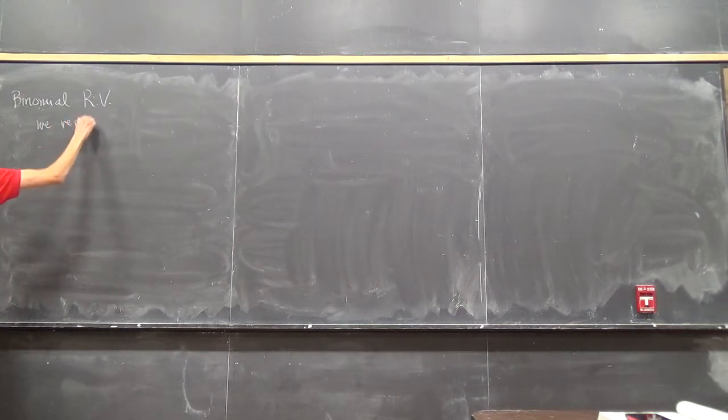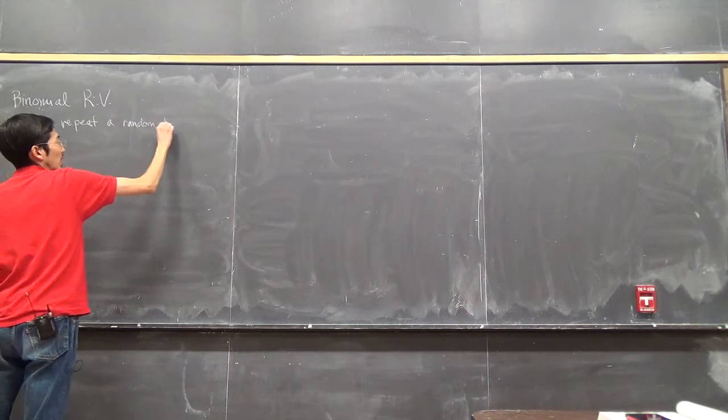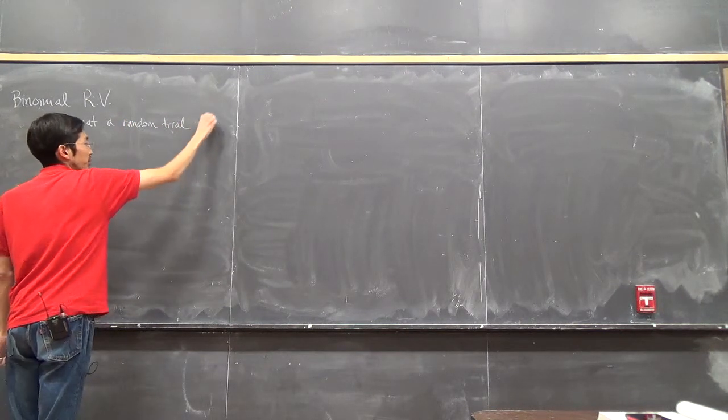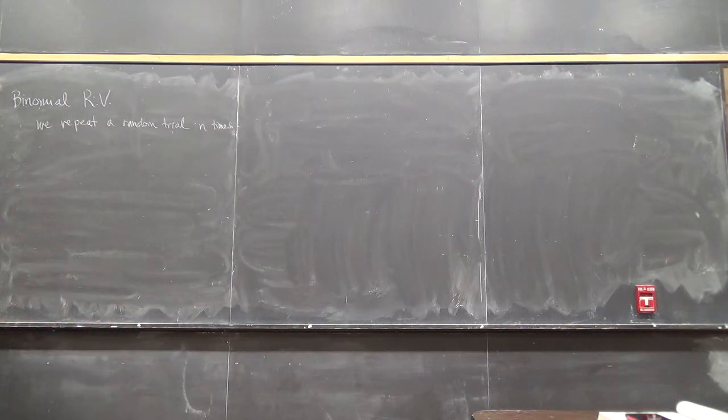So we repeat a random trial n times. So maybe I choose to flip the coin 6 times. Or I choose to do something n number of times, okay?